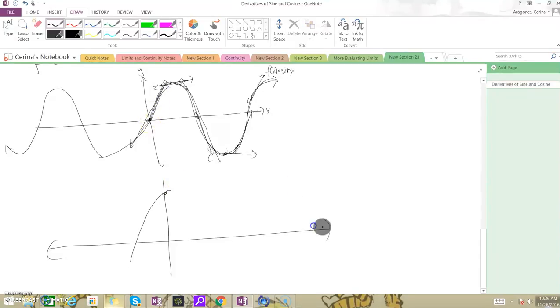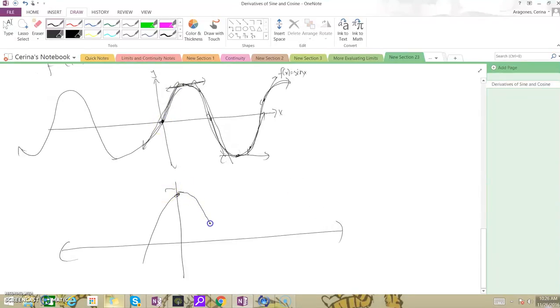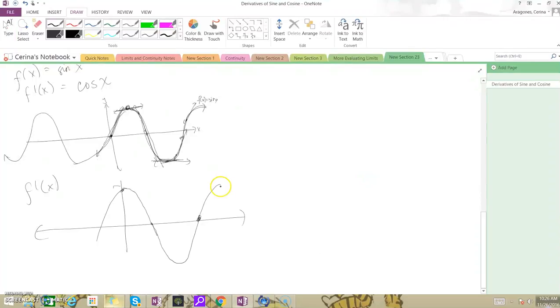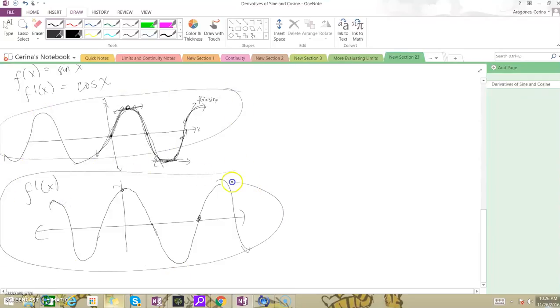And then we start slowing down until we hit 0 right here. And then we start decreasing, slowing down until we hit 0, which is right here. Slope is 0, and so on and so forth. You see that the slope function actually starts resembling cosine of x. So here's sine of x, and here's our slope function, cosine of x.